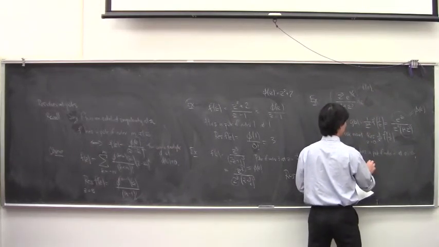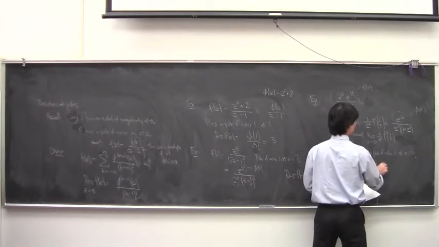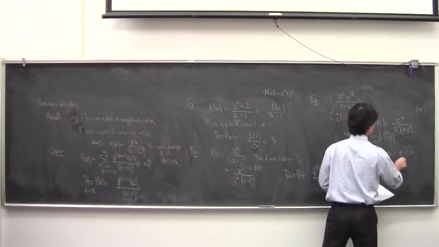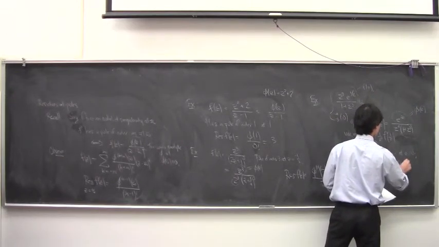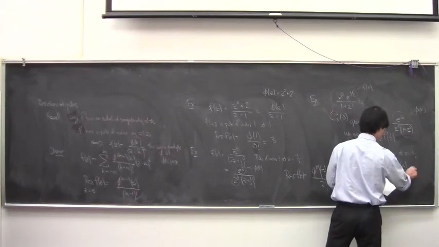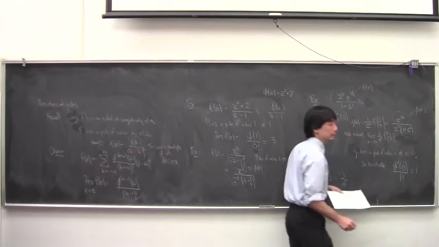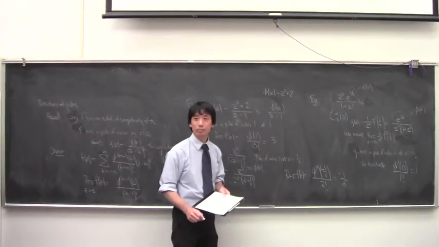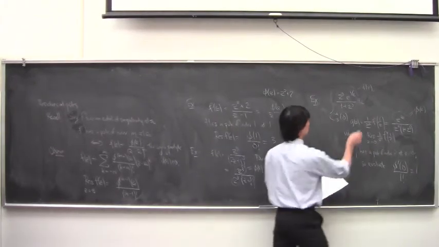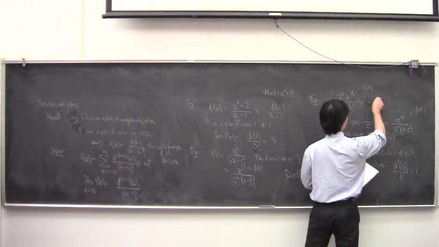So we evaluate the first derivative of this at 0 over 1 factorial, which turns out to be 1. And so this turns into just 2 pi i.